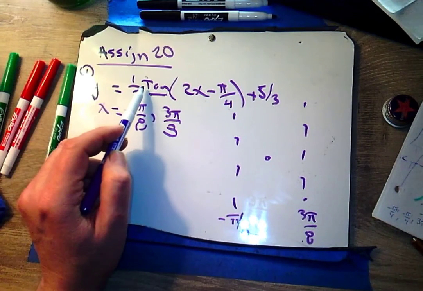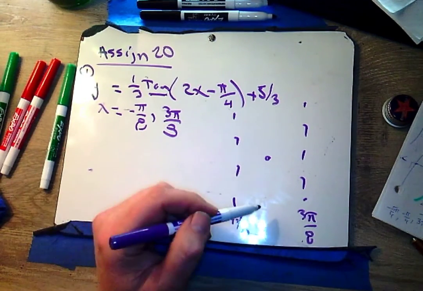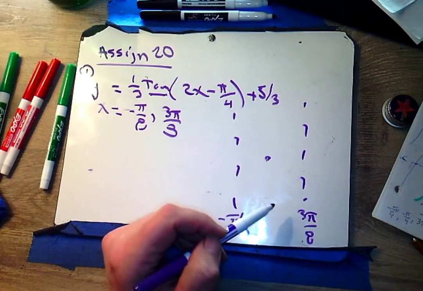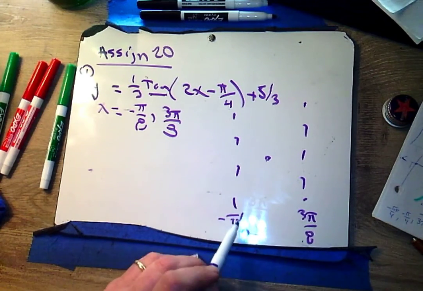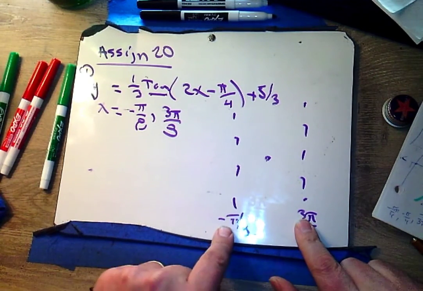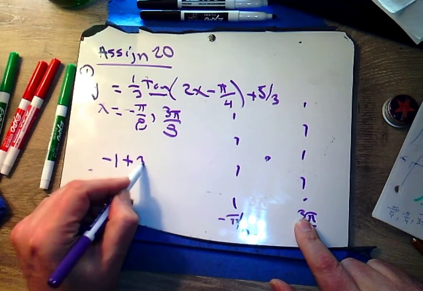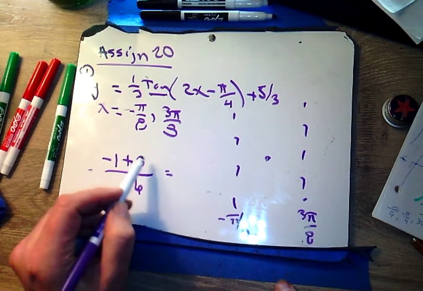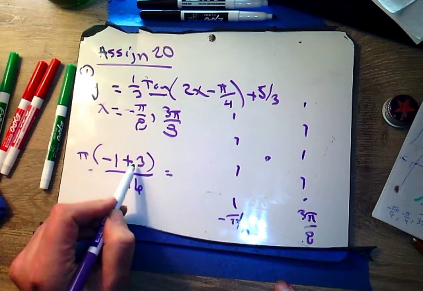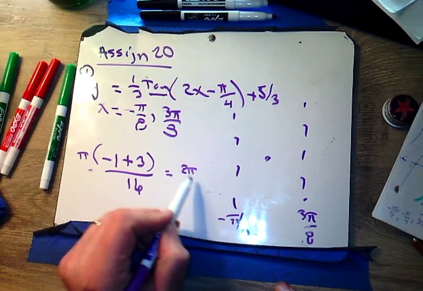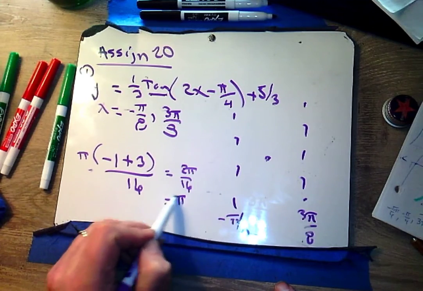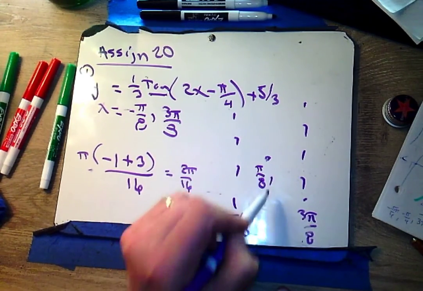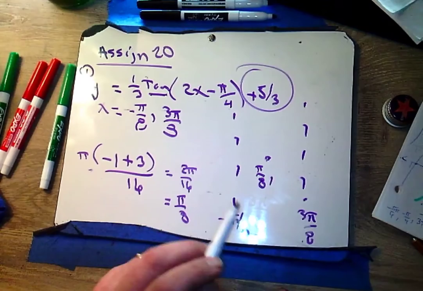This is positive tangent, so I know that shape, but what can I say about where this ordered pair is? Well, halfway between negative 1 pi and positive 3 pi, I add them together and I double the denominator. Yes, I know there are pi's still there. This is going to be 2 pi over 16, which reduces to 1 pi over 8. So pi over 8, comma, and that's the y value.